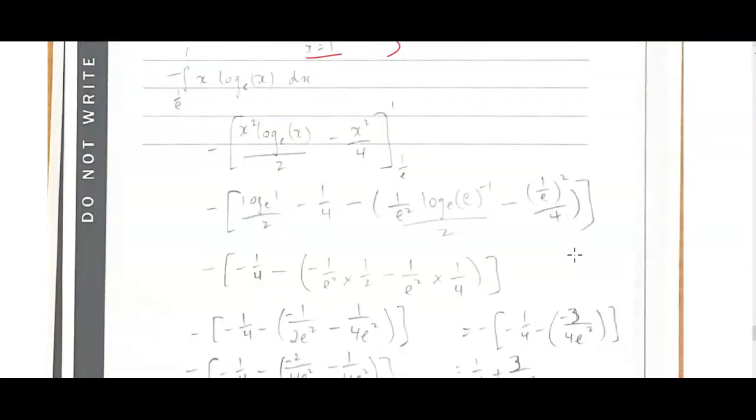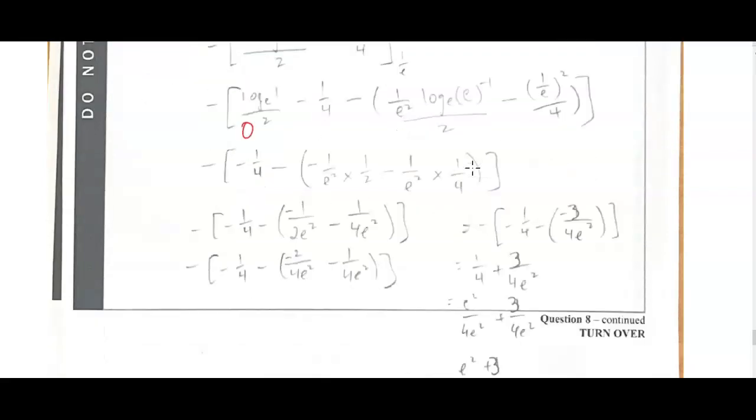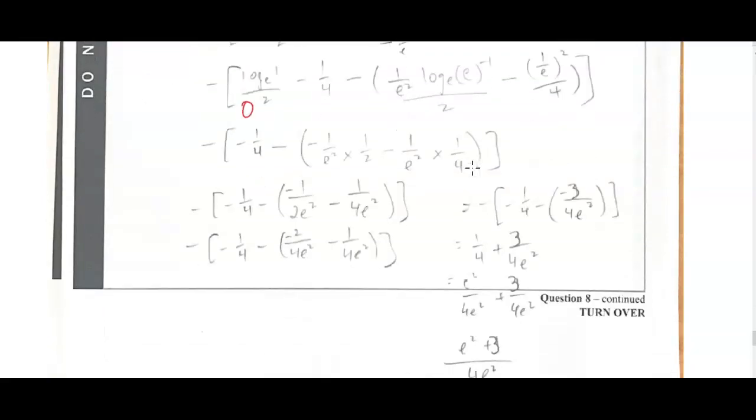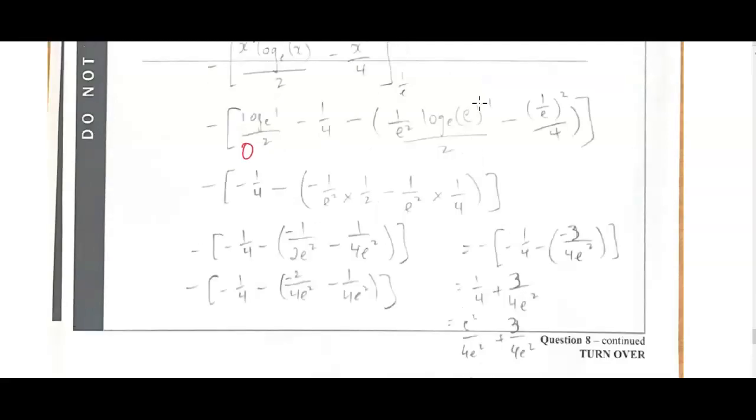It is not overly difficult knowing your log laws. So log of 1 is 0. Okay, so that gives you 0. What have we got over here? Log base E of E. Yeah, that gives you 1. So that's all right. And I probably took that negative.